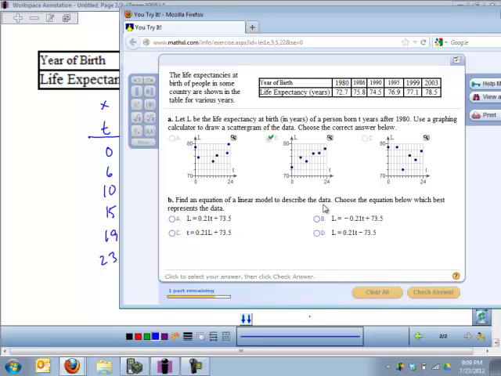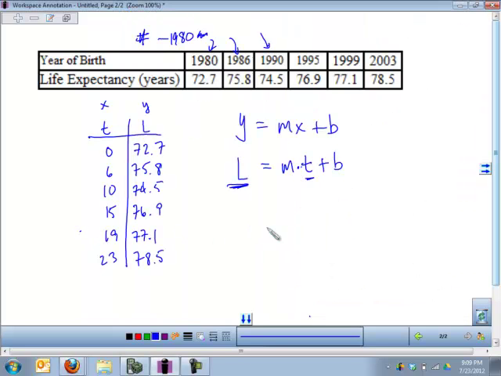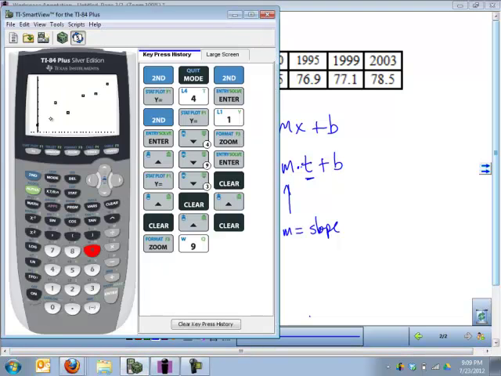All right, now there's 3 left, and y equals mx plus b. M is your slope. And if you look at the data that we have in our calculator, it looks like our slope is going upward.